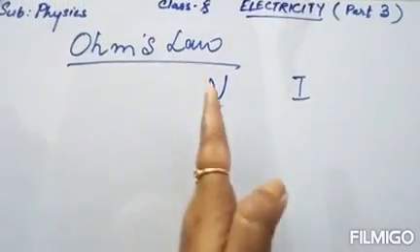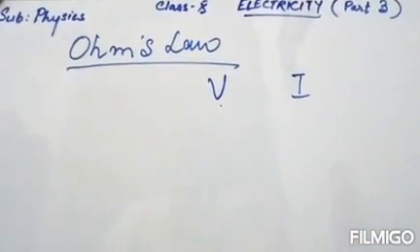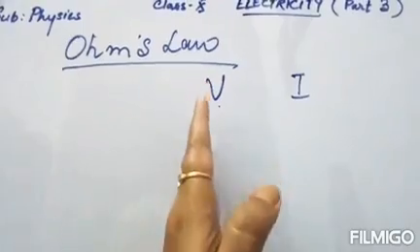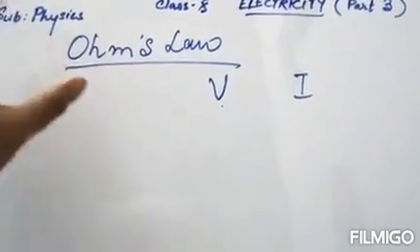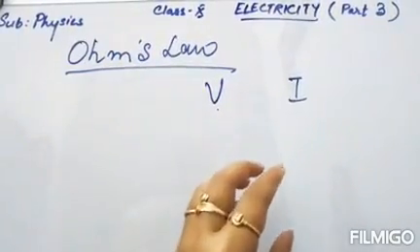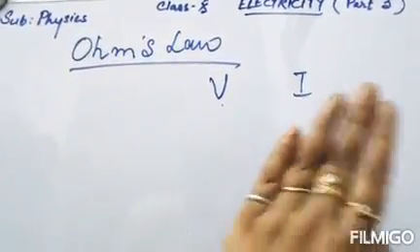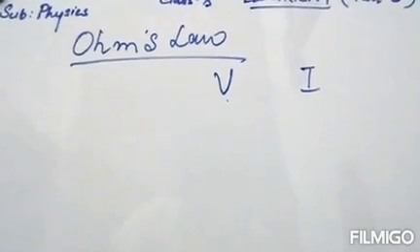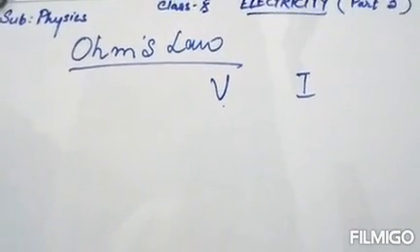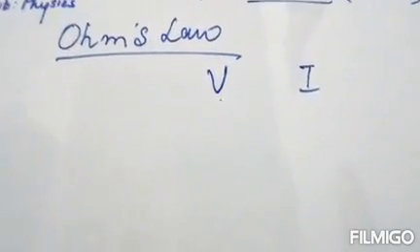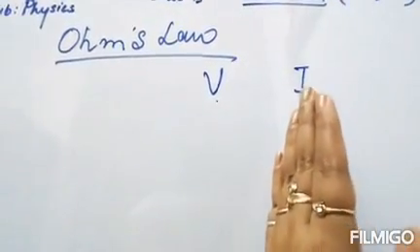Now how is this V and I related? V is the work done to bring some amount of charge from infinity to a certain point. And I is the amount of current, or amount of charge, flowing through a circuit, right? So more is the work done, more will be the current.